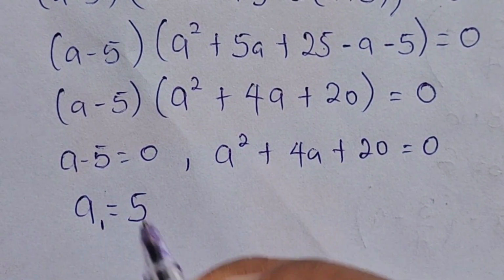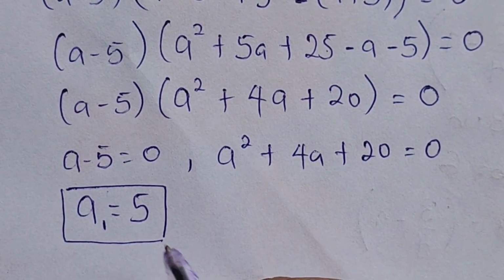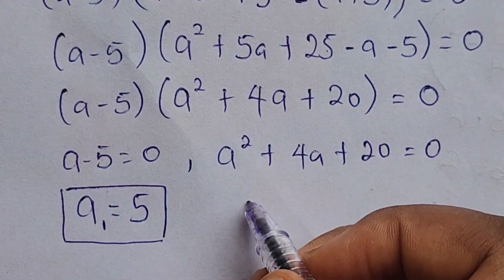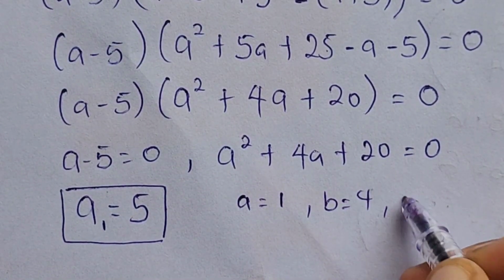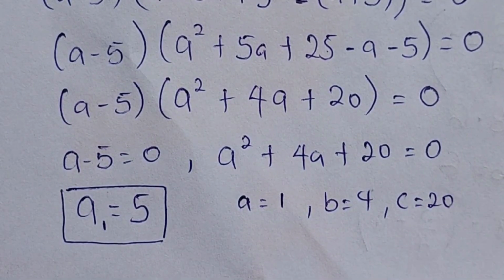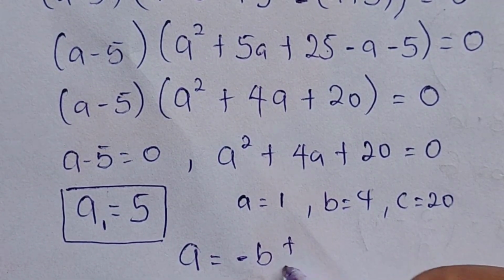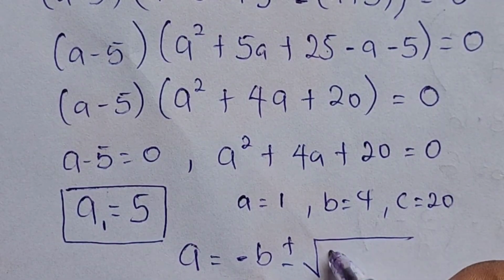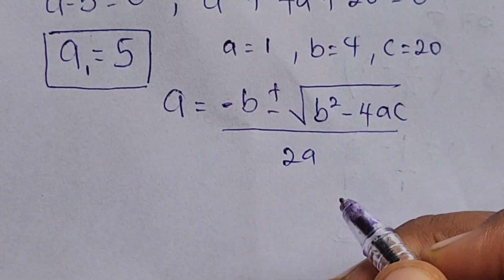So let's name this a1, which is the first value of a that we've gotten. So resolving from here, let's name our a to be 1, our b is 4, and our c is 20. Let's record the quadratic formula, where we have minus b plus or minus square root of b squared minus 4 times a times c, all over 2a.